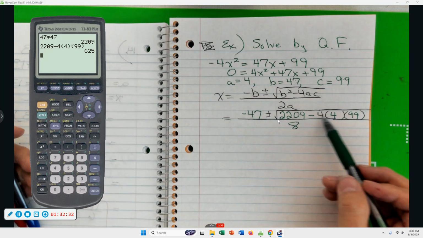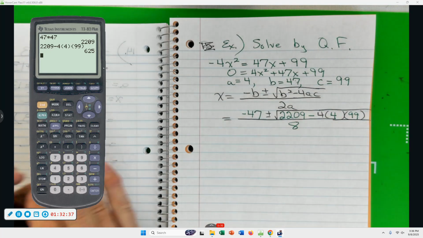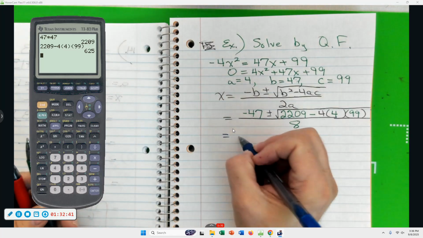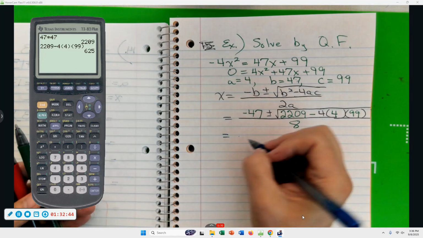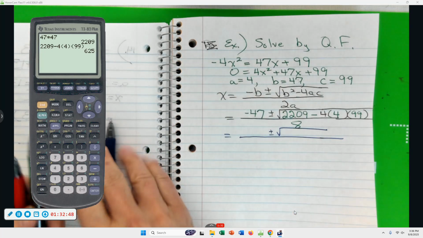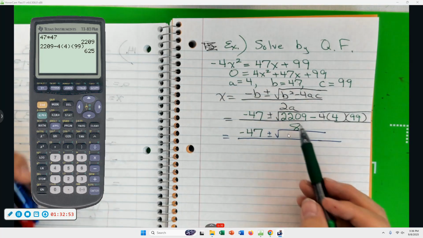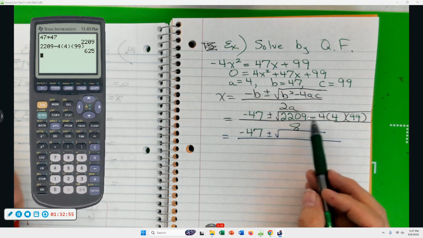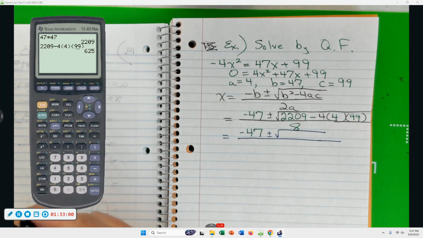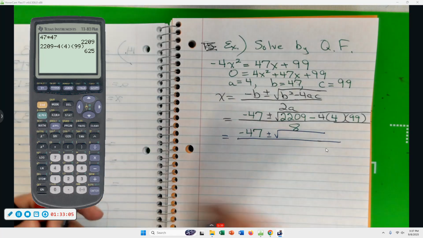Well, that's going to be a minus 16 times 99. How about we use the calculator. 625. Okay, so we have a negative 47 plus or minus 2,209 minus 4 times 4 times 99. 16 times 99 gives me 625. That's nice.